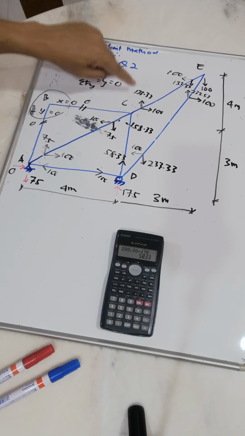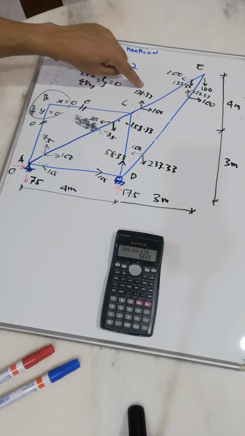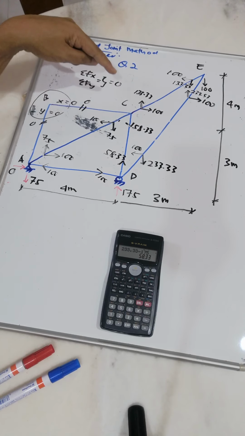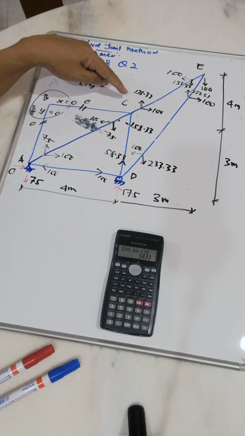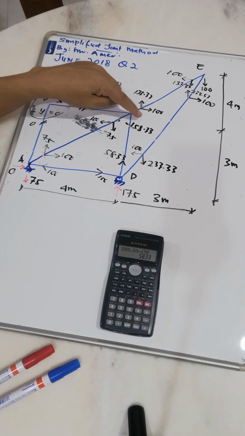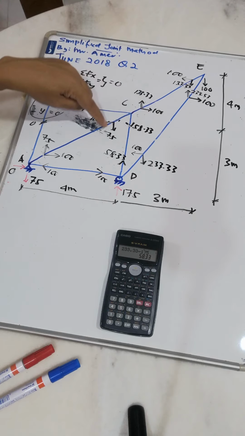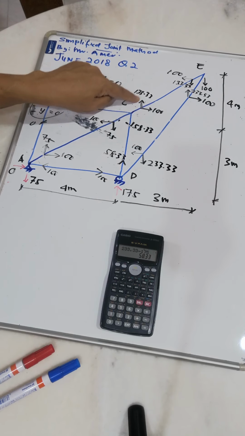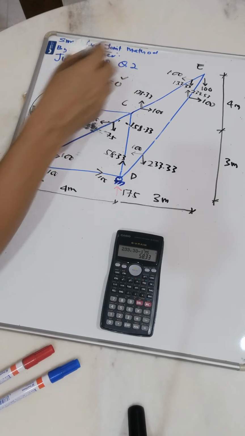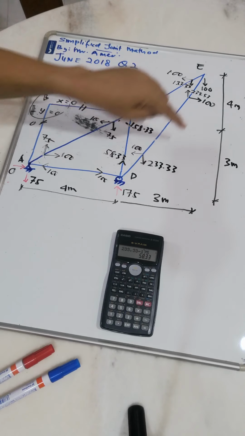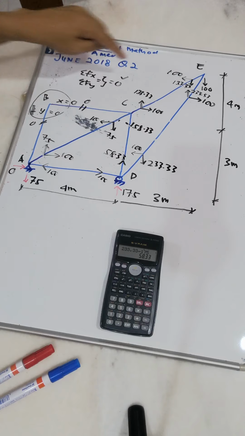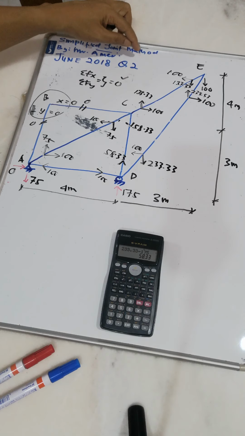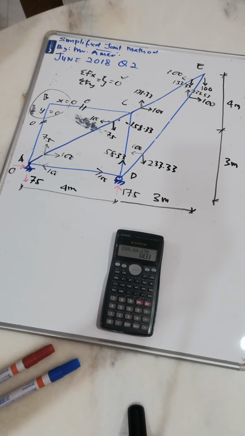In Y, upward 133.3, downward 58.3, downward 75. 75 plus 58.3 equals 133.3, so it meets the condition. This is how we calculate the internal forces using the simplified joint method. Thank you. Assalamualaikum.